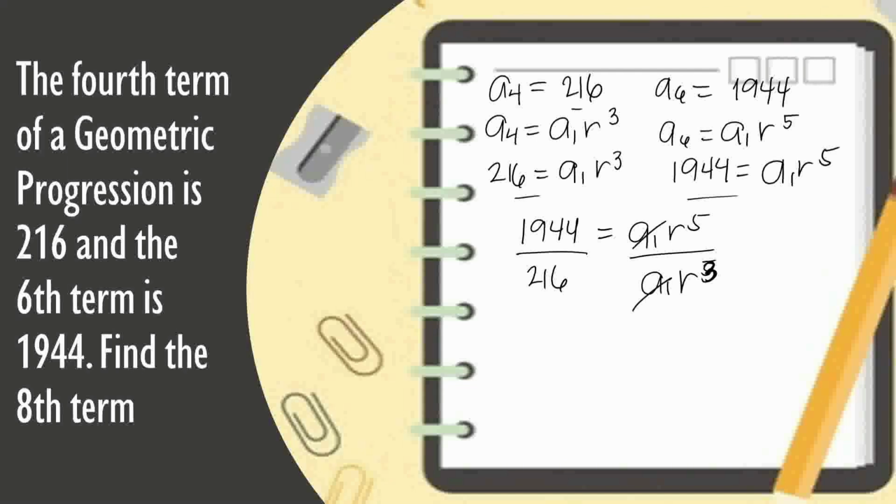So, maka-cancel out to. So, ang matitira is 1944 over 216 is equal to r raised to 5 over r raised to 3, which is r squared.